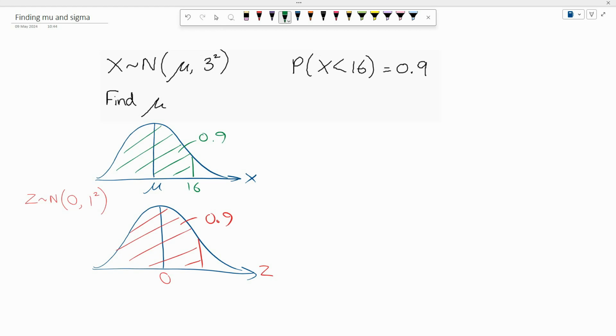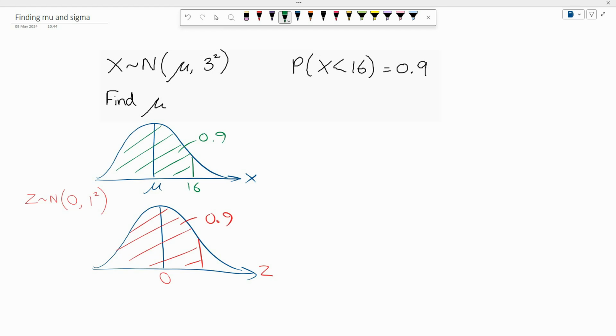So if you go into your calculator, open up your normal distribution. If you're using the graphical calculator like I am, you need to make sure your tail is correct. The x value isn't important. We know our x value is 16, but you'll see what I mean in a minute. So change your mean to be 0 and your standard deviation to be 1. Go across and sketch it.